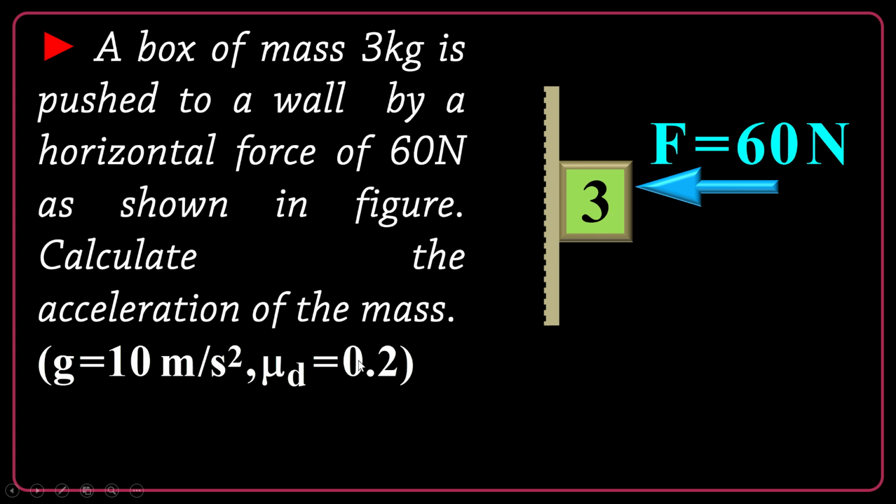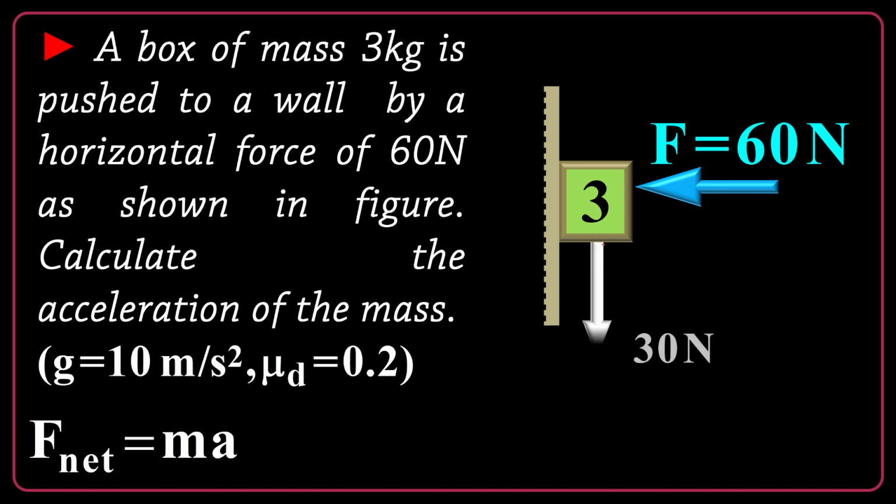But how? Here the coefficient of dynamic friction is given to be 0.2 and g is 10. Okay, first of all, let's say F net is equal to ma. In the horizontal direction we don't have any acceleration, so vertically the object will be acted on by some forces and it will accelerate.